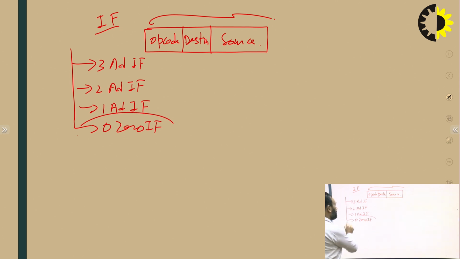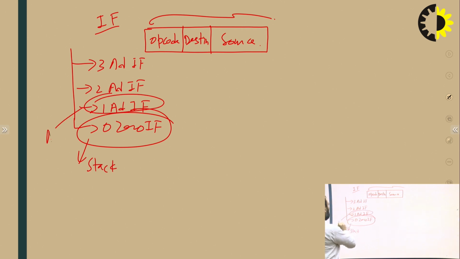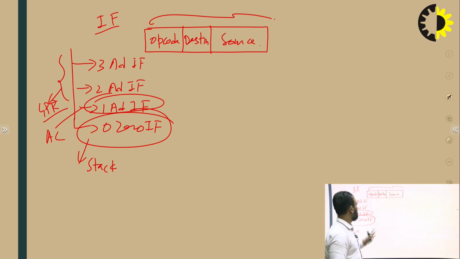In 0 address we use stack, in 1 address we use accumulator, and in 2 address and 3 address we use GPR, General Purpose Register. It is another topic we will take in the next video lecture. It is a detailed topic, but here I give you an overview of what the instruction format is.